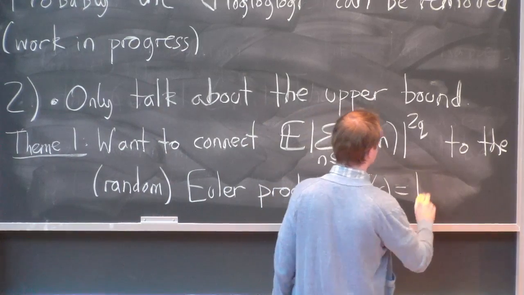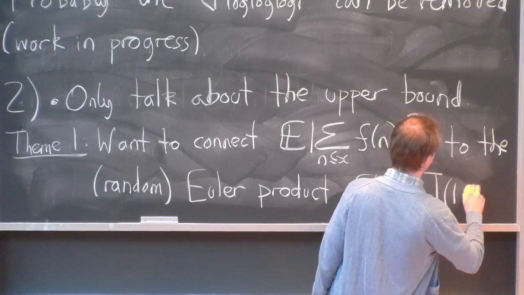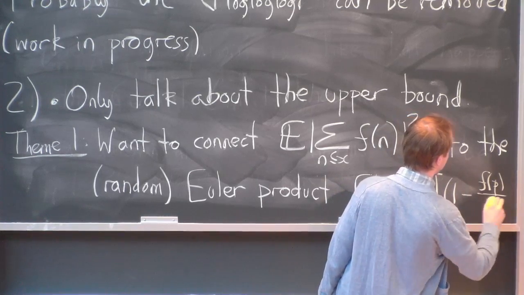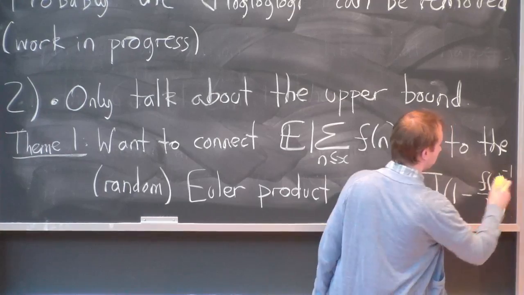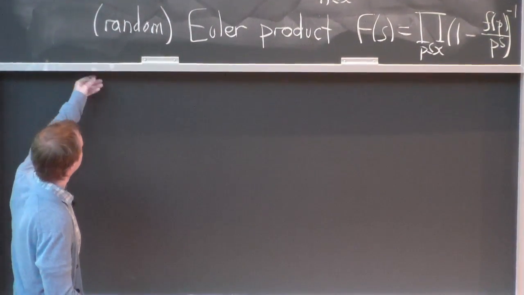F of s, the product over primes p less than x, of (1 minus f of p over p to the s) to the minus 1.